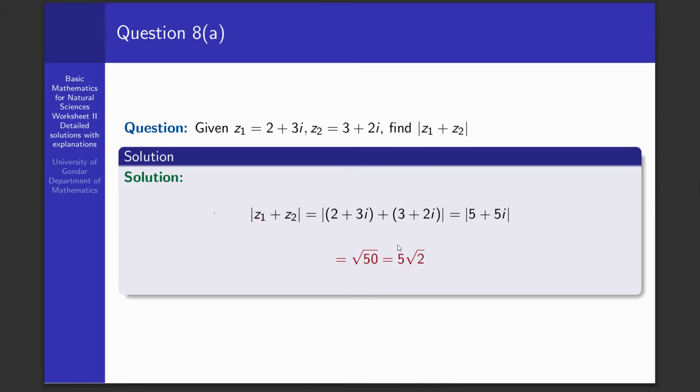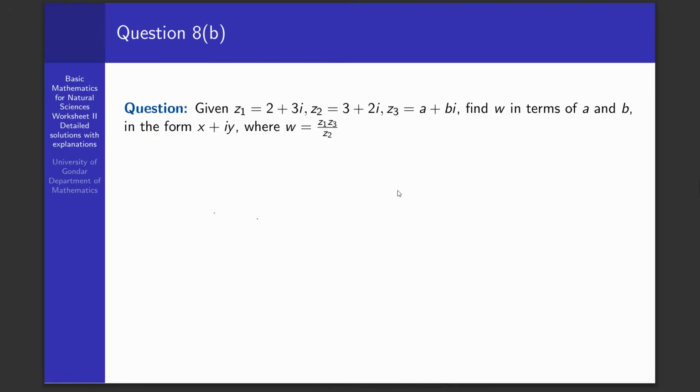When we further simplify this, it is 5 radical 2. Therefore, the sum.